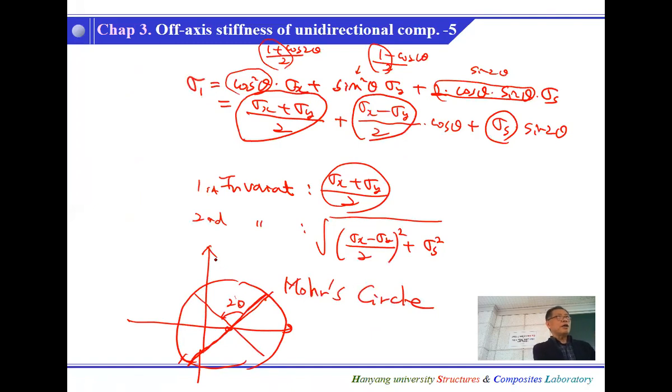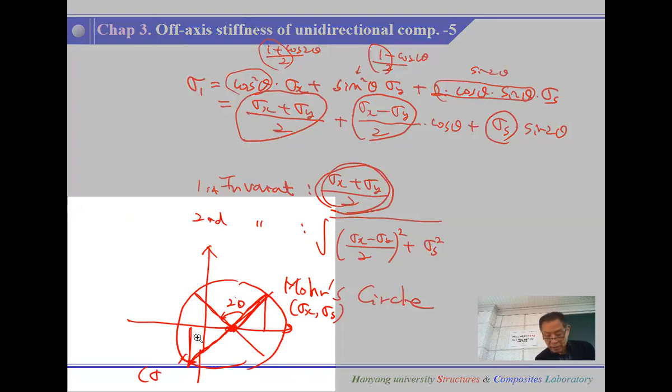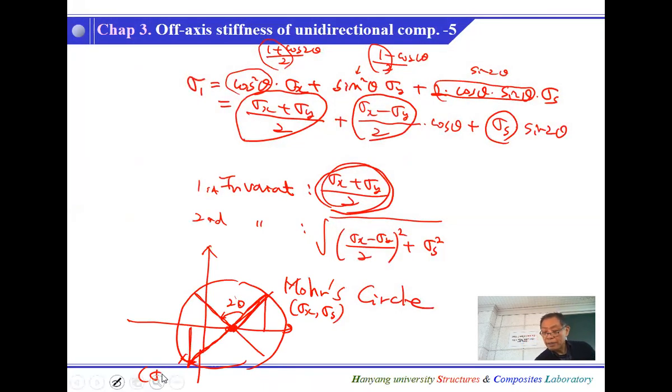But which terms remain the same? Always this center remains the same, and this radius remains the same. So what is this center? This center is this guy, the average of sigma x and sigma y. Sigma x and sigma s is one coordinate, and sigma y and sigma s is the other.